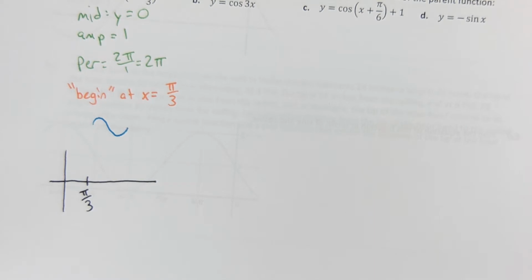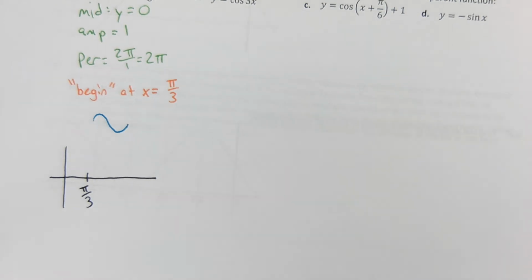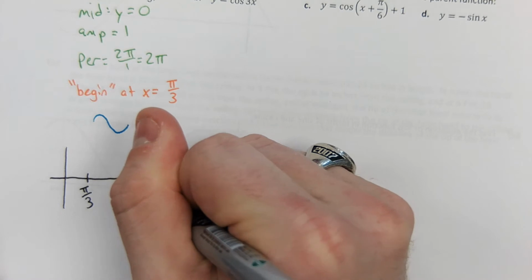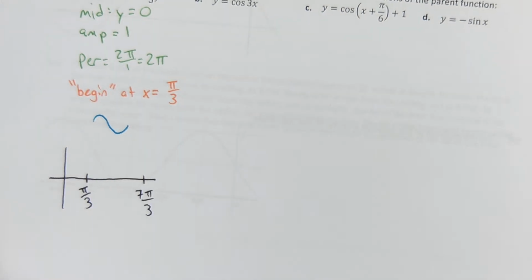So you have to add 2 pi to that. 2 pi is 6 pi over 3. So I would be ending at 7 pi over 3. That's the full 2 pi.